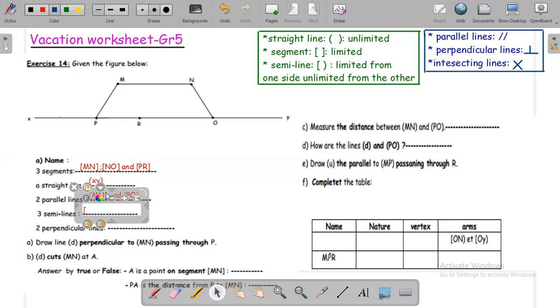So P is a capital letter, x is a small letter. Then other than [Px), we have, for example, [Oy), and for example [RP), it is limited from R and unlimited from P.